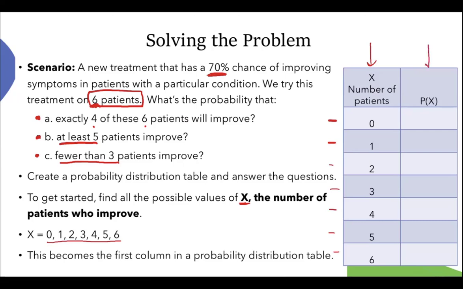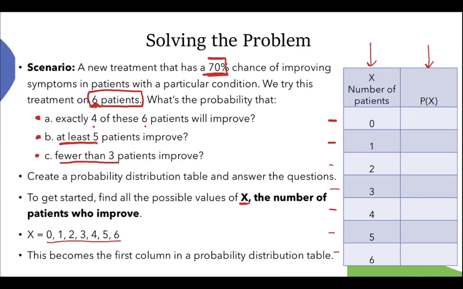In the next column, we are going to use our calculator and calculate a binomial probability. For each one that we're calculating, there are going to be 3 numbers that we're going to use in our calculations. We're going to be using 70%.